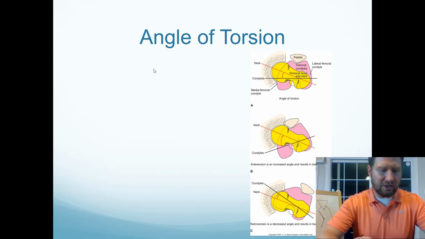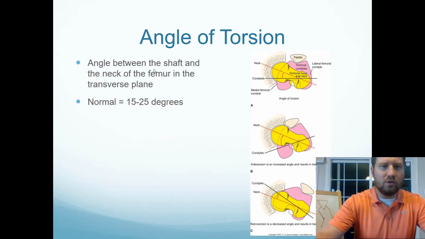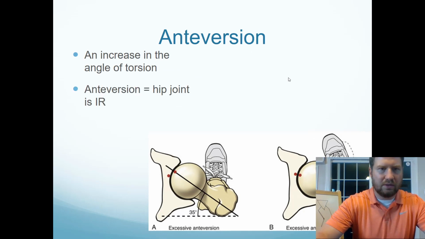And then moving into the angle of torsion, okay? This is anteverted and retroverted. Okay? Normal, where that femoral neck inserts onto the femoral shaft, is going to be roughly 15 to 25 degrees. Okay? If it's greater, it's going to be anteverted. Okay? I like to think about it as that femoral neck is inserting onto the shaft anteriorly, more anterior, so the angle is higher.